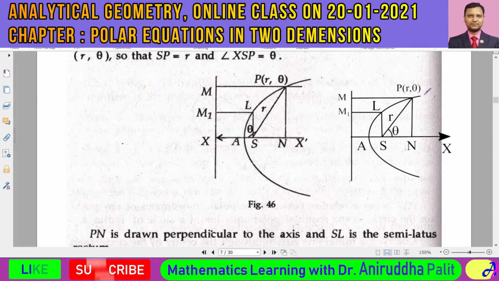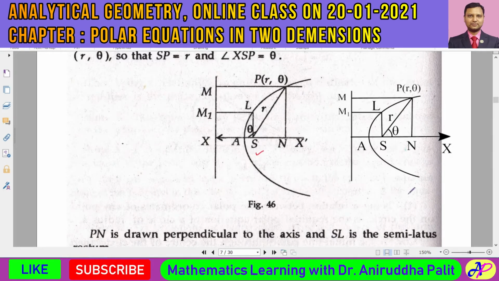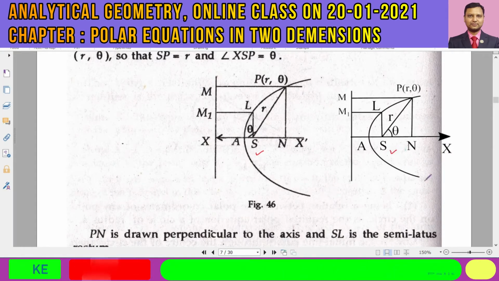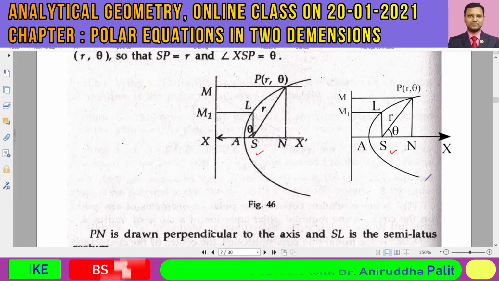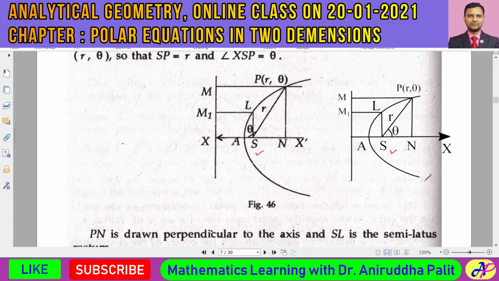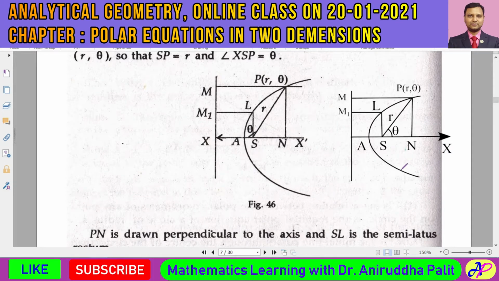Now over here we have considered the same kind of curve, but the difference between these two pictures is that if this is the focus S, in general this focus S is taken as the pole of this polar coordinate system. The difference is the choice of initial axis.